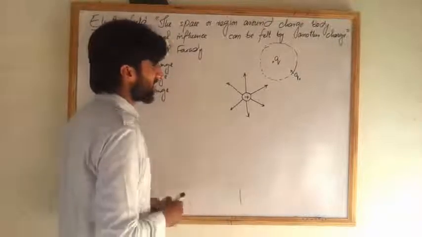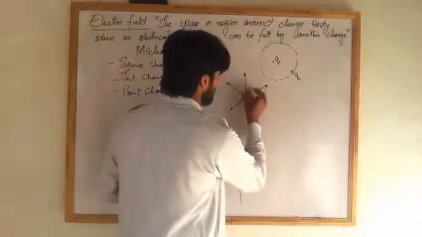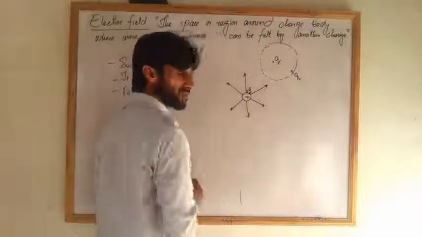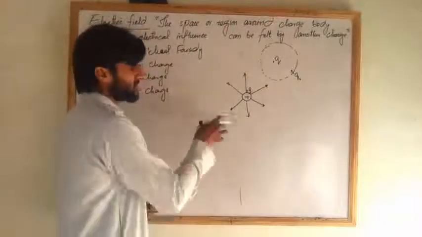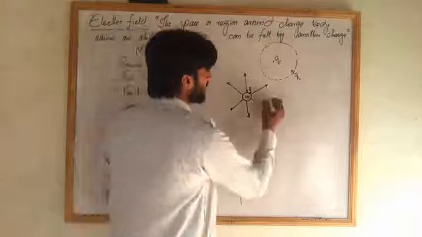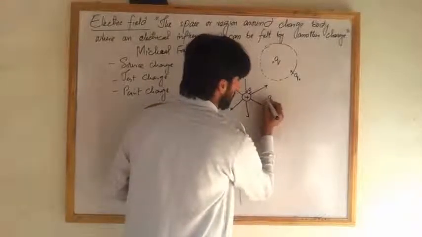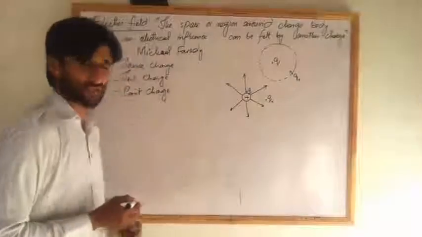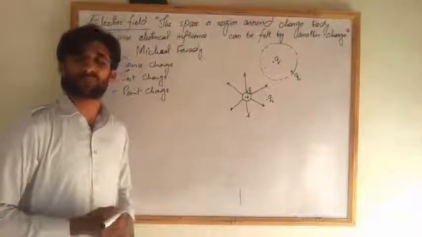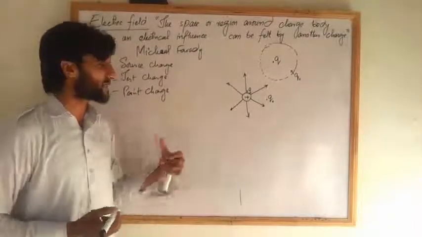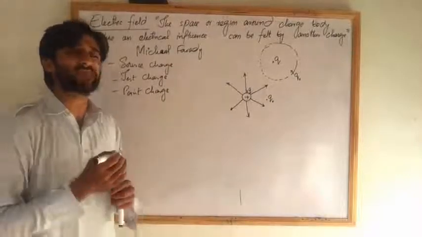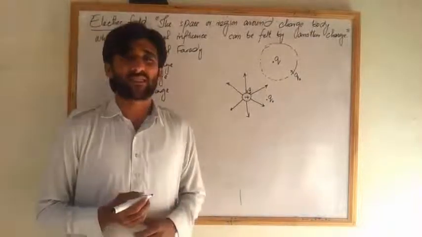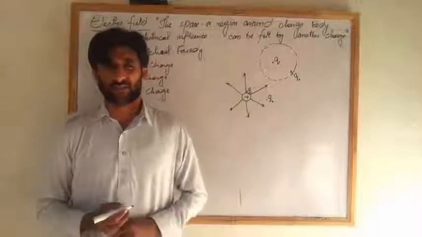This Q positive is a source charge due to which the electric field has been created, and Q naught is a test charge. Whenever this test charge moves into this field, it will definitely be affected by this field.